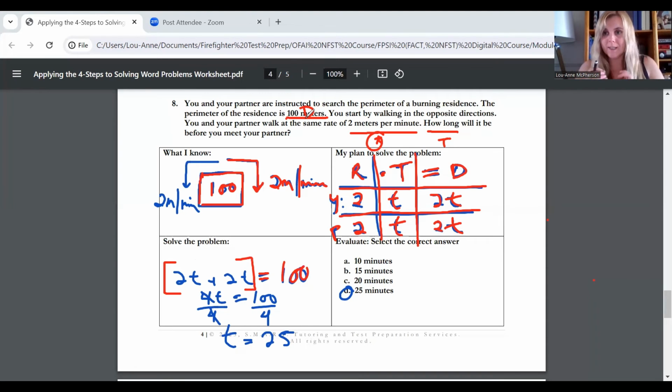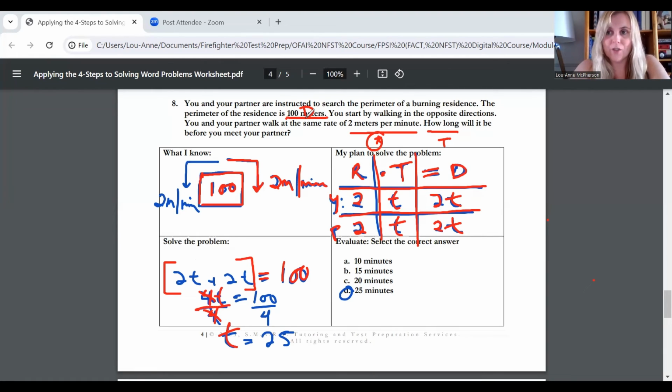And the whole idea in algebra is to get down to the letter, or to determine what that letter represents in a number, or what the value of the letter is. So to do that, you're going to divide your 4t by 4. And when you do that, you cancel out the 4 and you're left with 1t, which is exactly what you want.